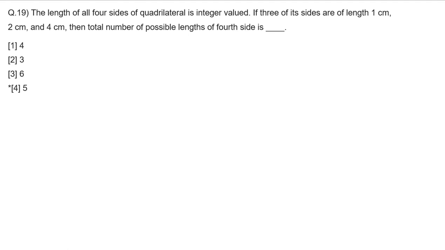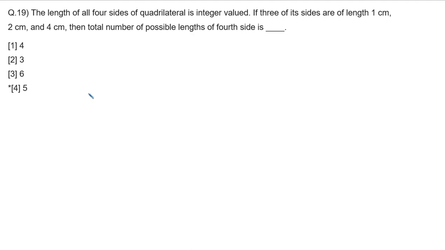Question number 19. The length of all 4 sides of a quadrilateral is integer valued. If 3 of its sides are of length 1, 2 and 4 centimeter, then the total number of possible lengths of the 4th side. So over here there is a property.